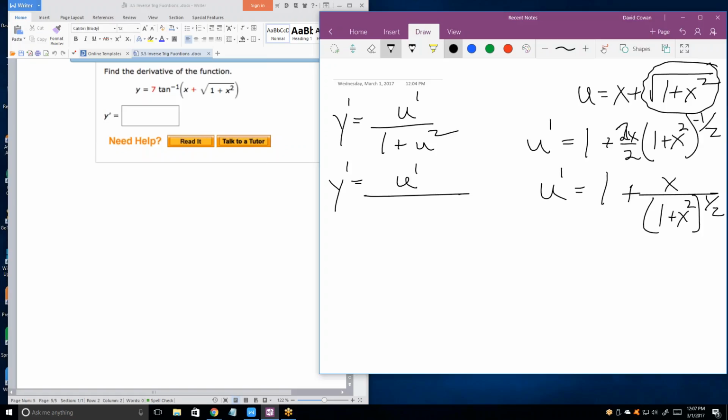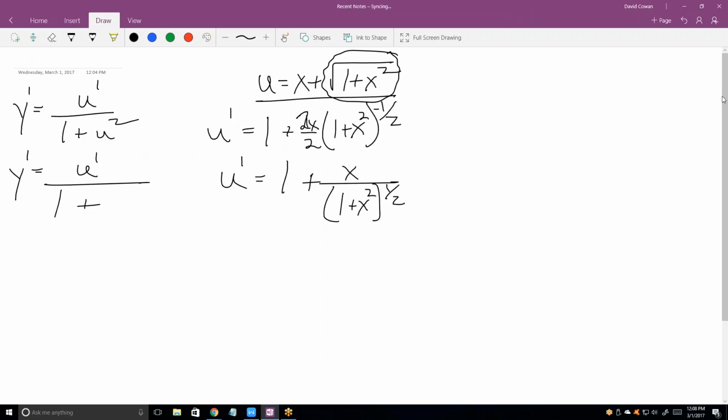Let's get the hard part: plus 1 plus u squared. So we've got to square that whole thing. This is going to give us an extremely complicated answer that will then have to be simplified. Let me blow it up a little bit and see if we can come up with the answer.